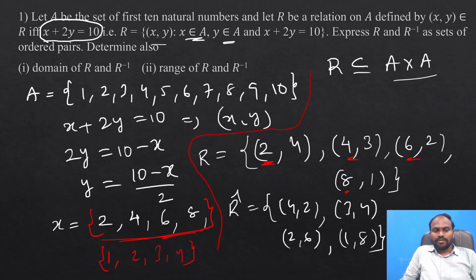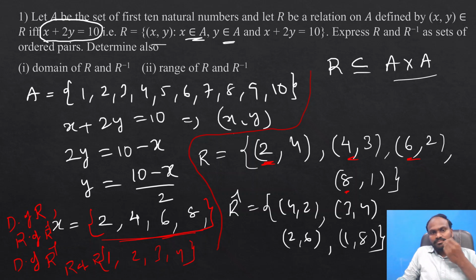So this is the domain of R, and this is the domain of R inverse. And the domain of R is the range of R inverse, and the domain of R inverse is the range of R. Like that we can discuss. Simple. Right, students? Hope it's clear to you.